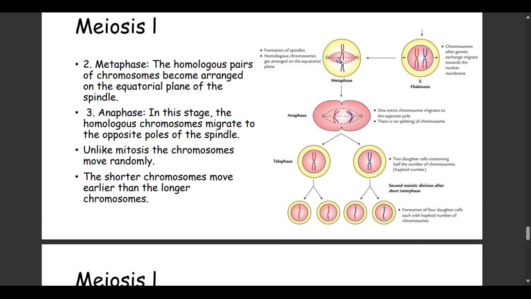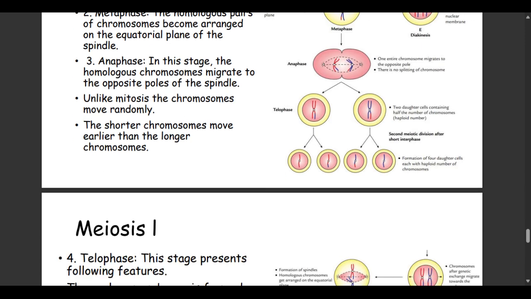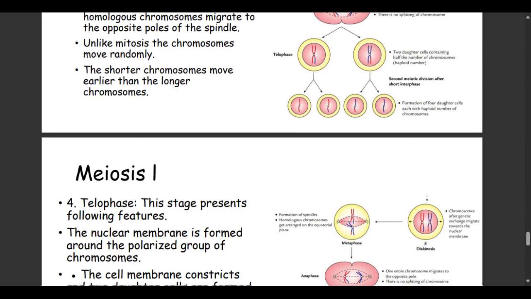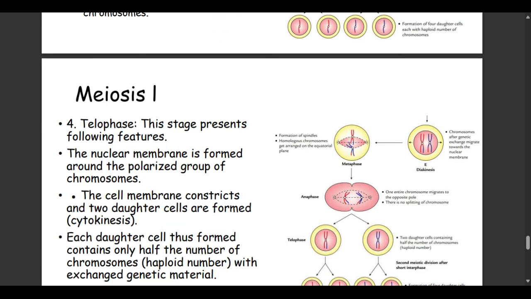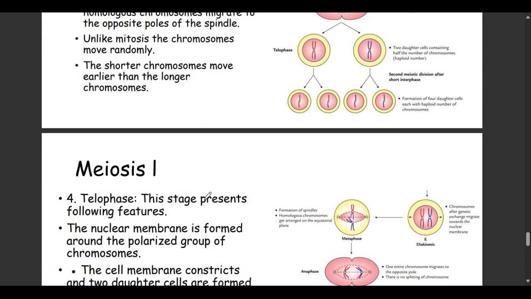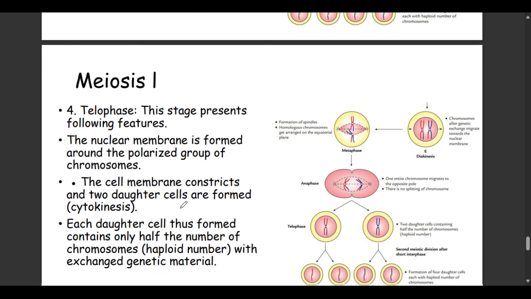Unlike mitosis, the chromosomes move randomly. Okay, the shorter chromosomes move earlier than the longer chromosomes. This is just a fact that you will put at the back of your head for the cases of MCQs.